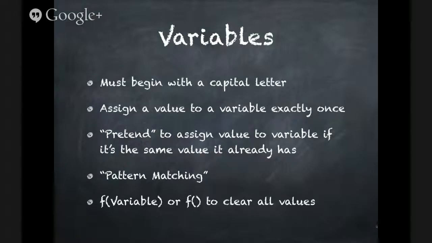It says, is this really equal to that? So if it doesn't, it's just an error. And if you need to clear a value, you can do so by using that little f function down there. You can pass in the variable name if you want to just do one, or if you want to clear all the values, you can use that other one with no variable specified. And again, this is only good in the Erlang shell.